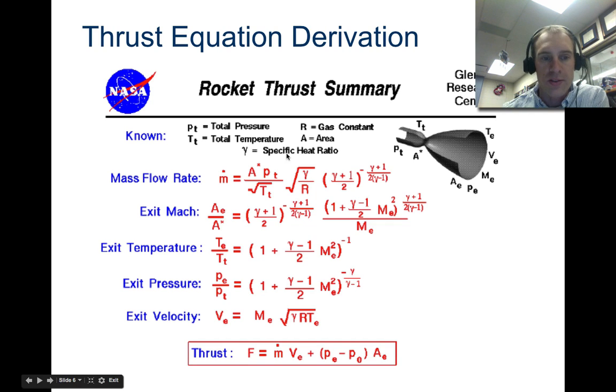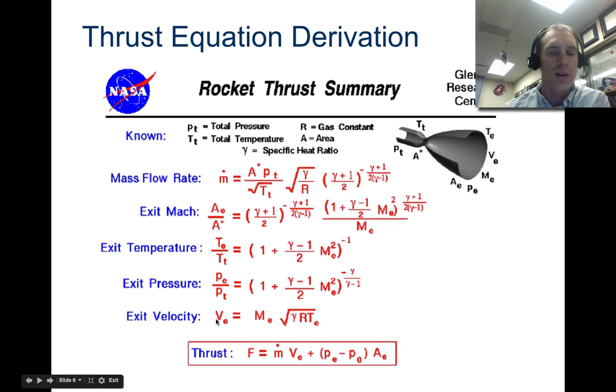Do not write all this down, I'm just going to explain a little bit about this. Mass flow rate can be defined in this way, and we'll get to that in just a little bit. These are all equations for all sorts of different pieces of our thrust, but it's really this last thrust equation that matters.